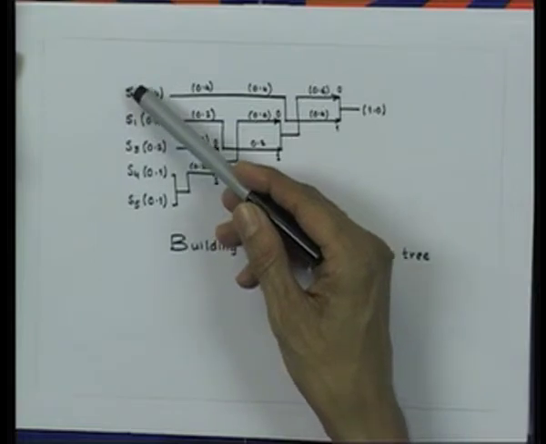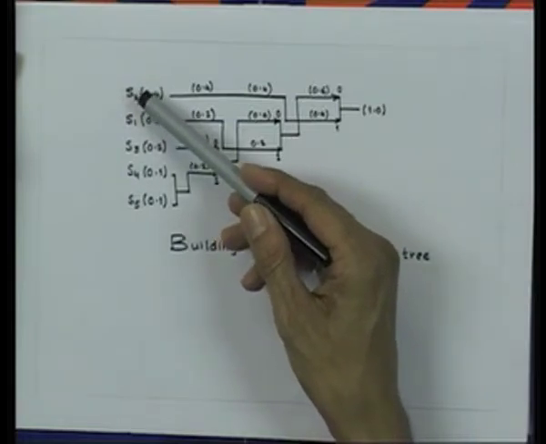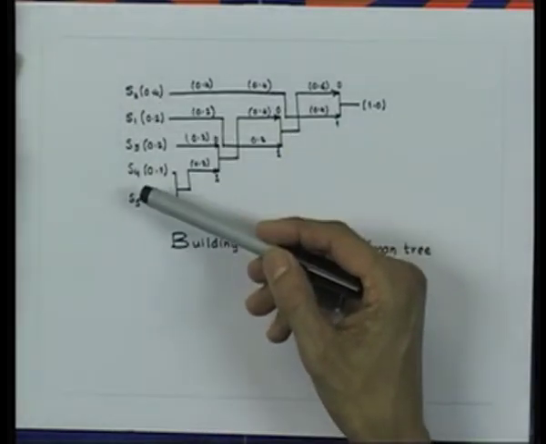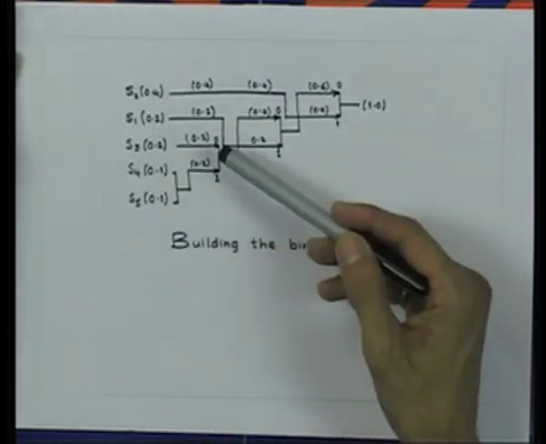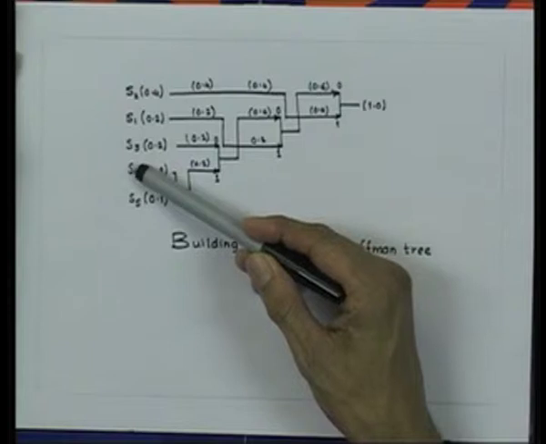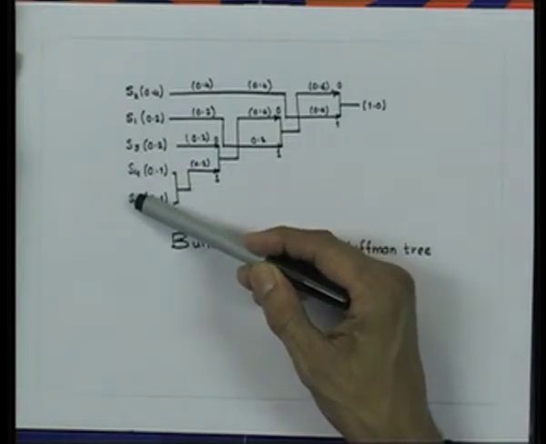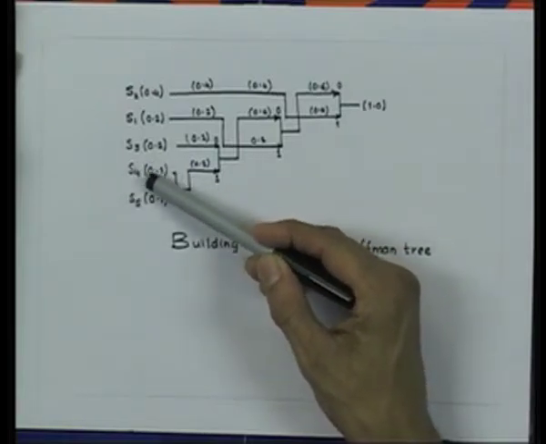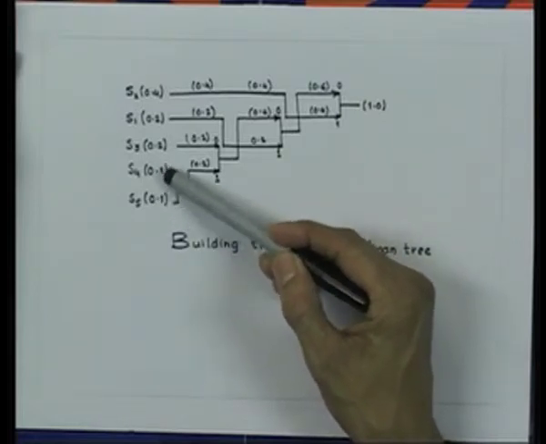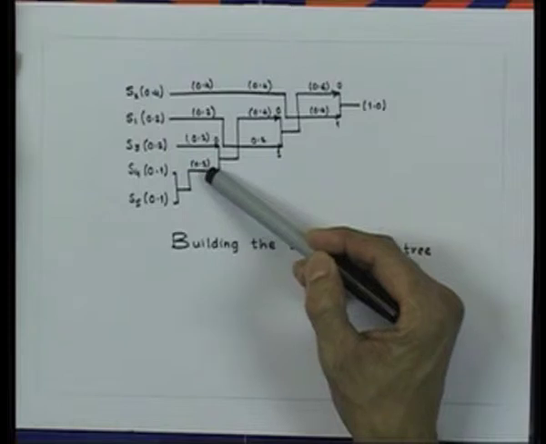Initially, I sort these nodes in the decreasing order of probability. Doing so will ease the construction of this tree. So, take these two nodes which correspond to these two source symbols S4 and S5, which have the lowest probabilities. Combine these two nodes and get a parent node.